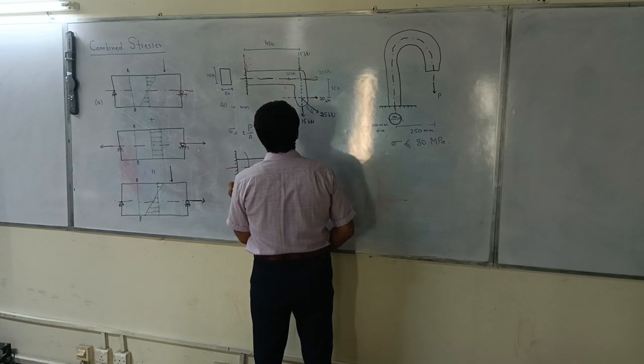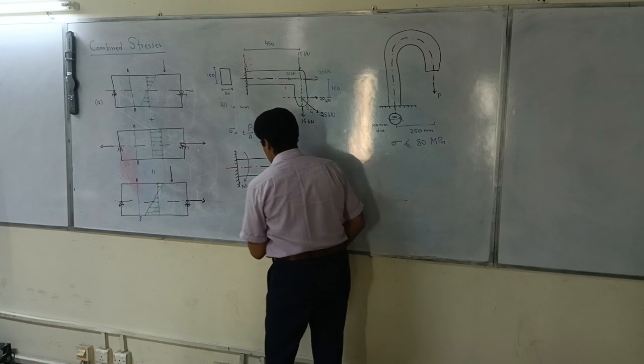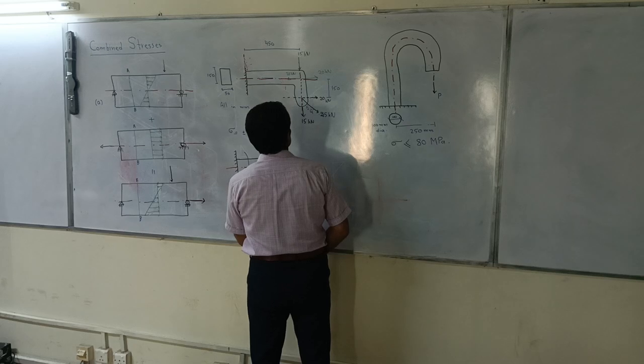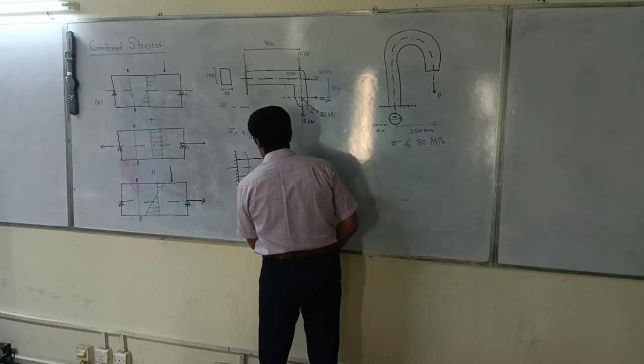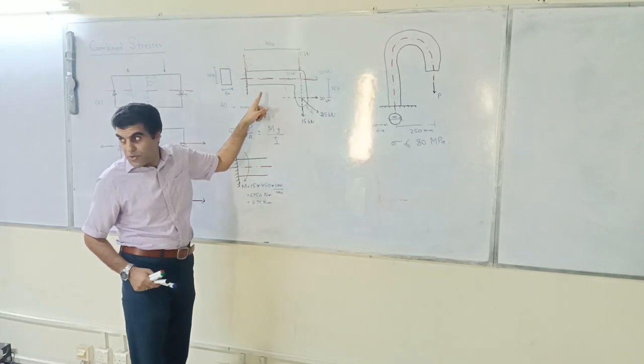So that is 6750 kilonewton millimeter, or 6.75 kilonewton meter. This is due to the cantilever 15 kilonewton load.